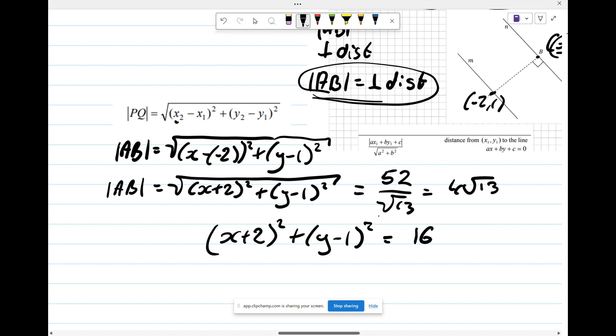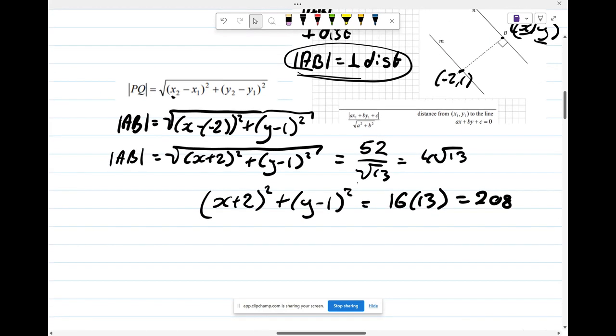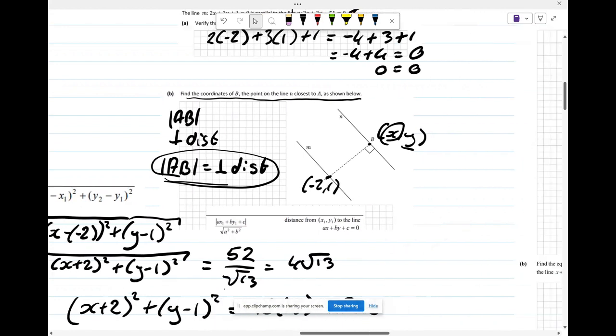And if we square that, that's just going to be 16 times 13, which is, hold on, let me get my calculator out, 16 times 13 is equal to 208.